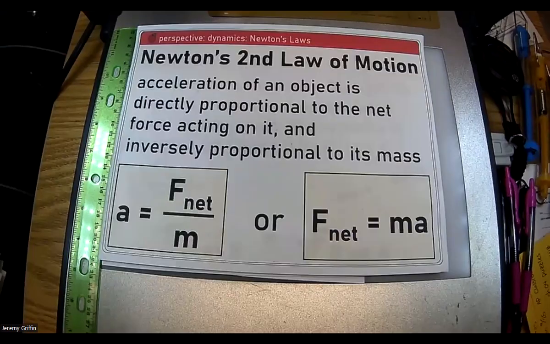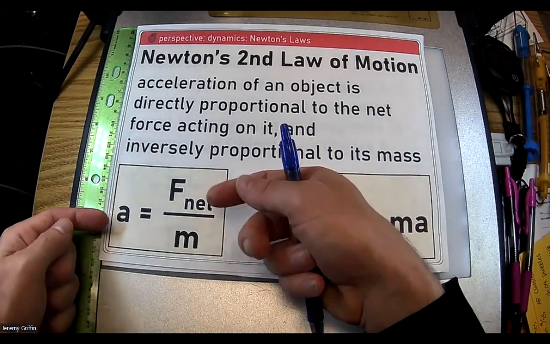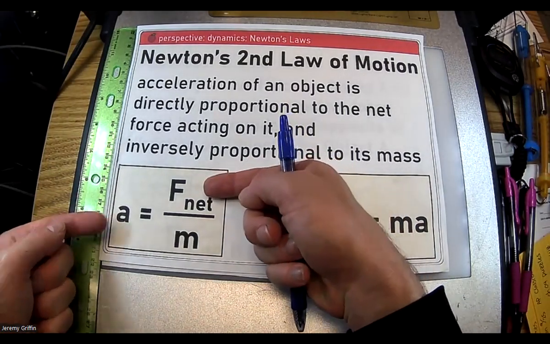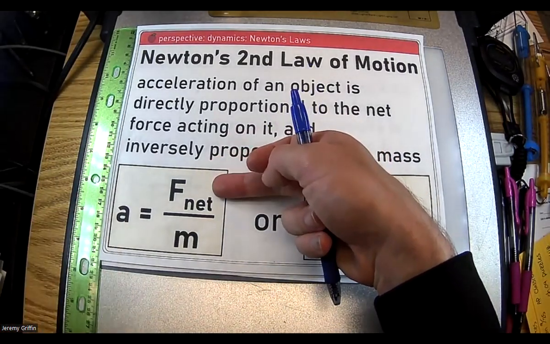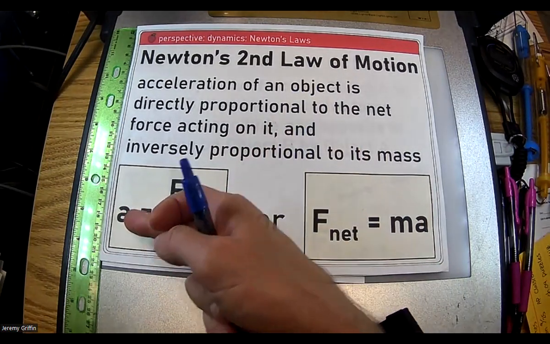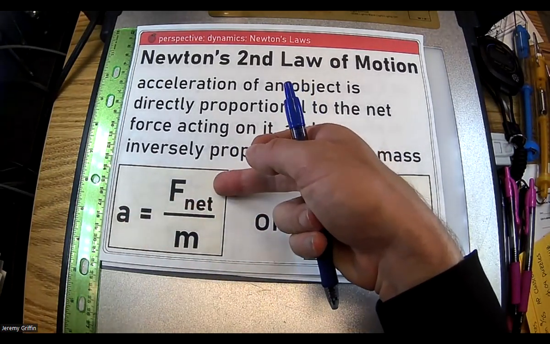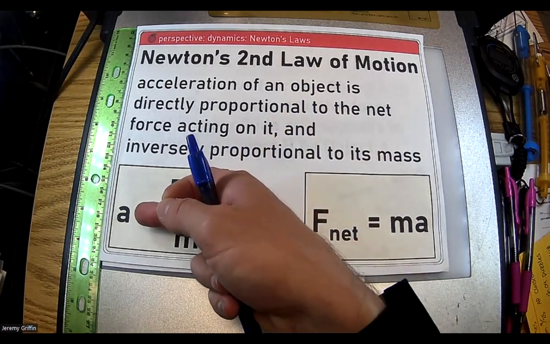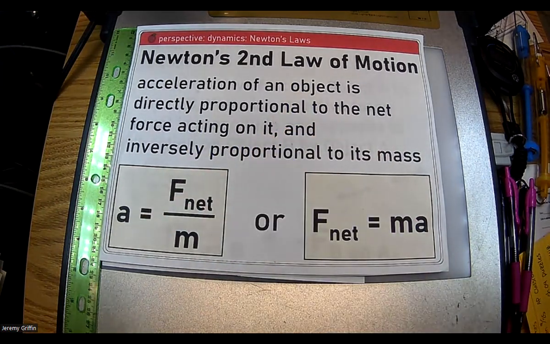Here, let's take a look at that. So you have a cart, you double the force, you're going to double the acceleration. Because what if you have 1 Newton acting on 1 kilogram? Is that 1 meter per second squared? What if you double the force to 2 Newtons? 2 Newtons on 1 kilogram. Now we're up to 2 meters per second squared. Double the force, double the acceleration.